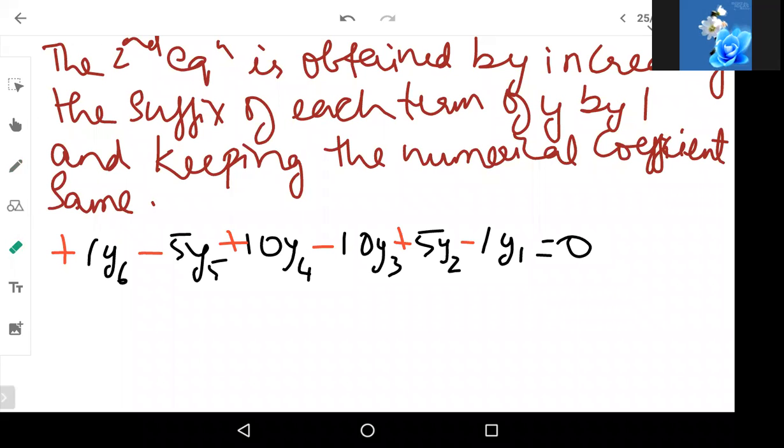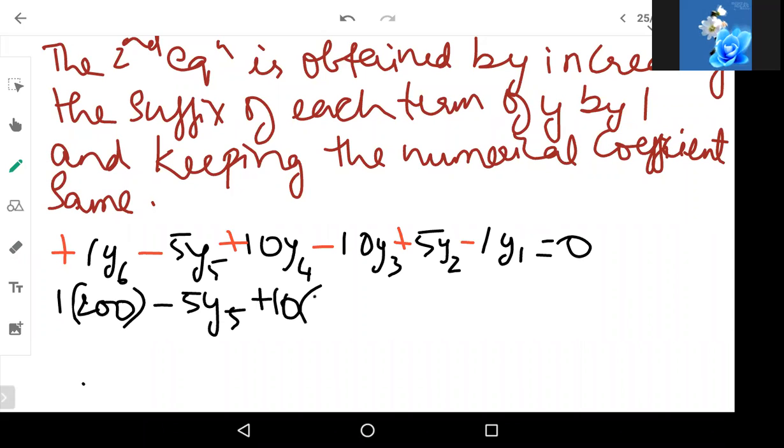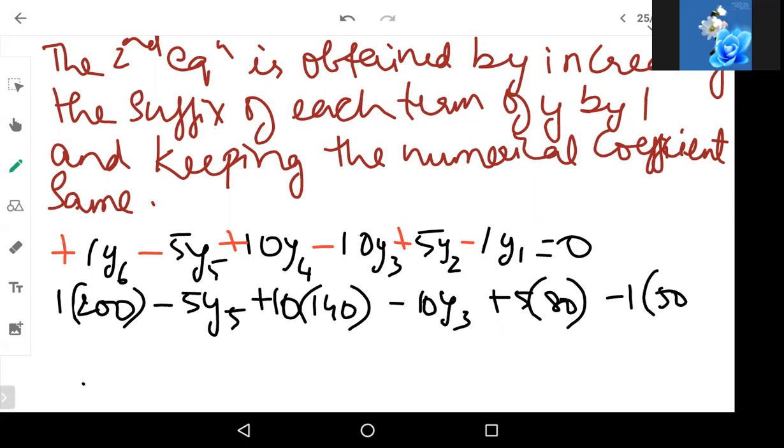Now whatever values you know, start putting the values here and solve the problem. So 1 into y6 is 500, sorry, 200, minus 5 y5, plus 10 into 140, minus 10 y3, plus 5 into 80, minus 1 into 50 is equal to 0.